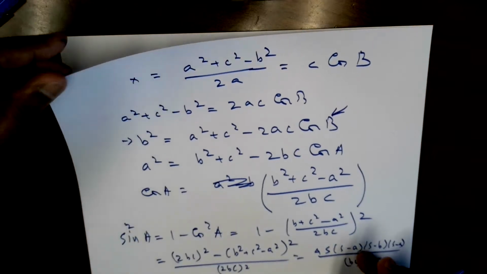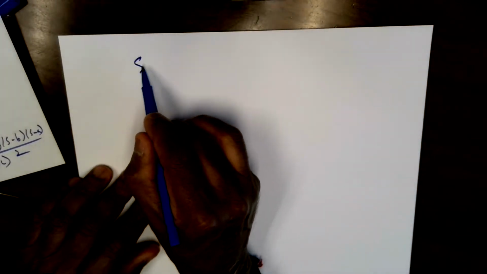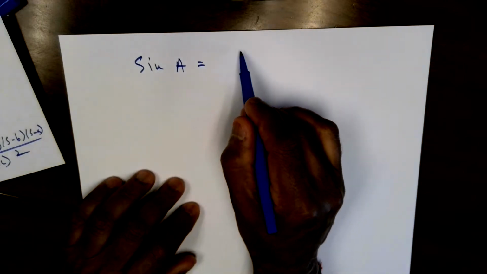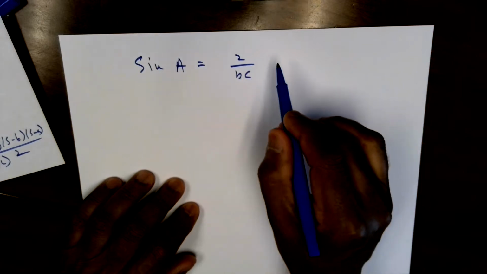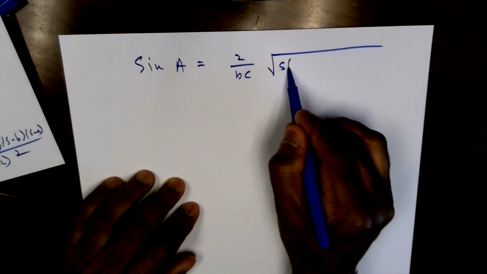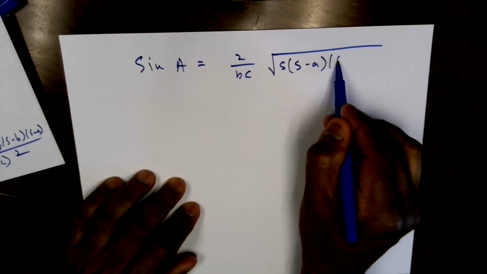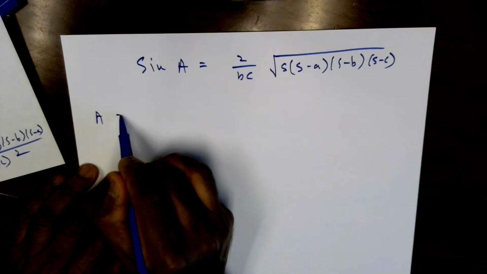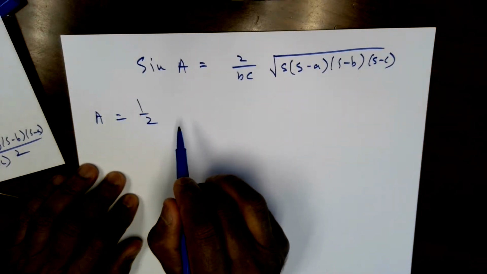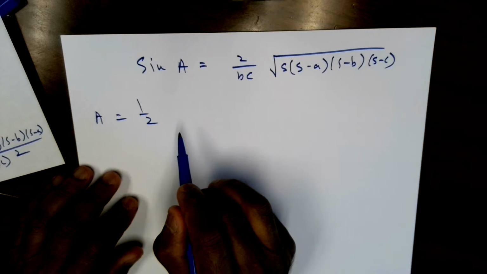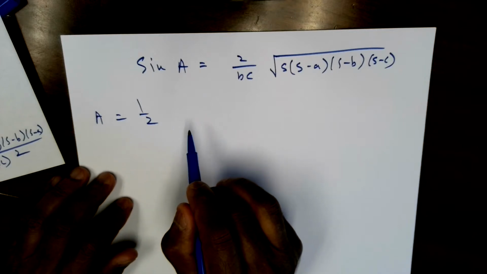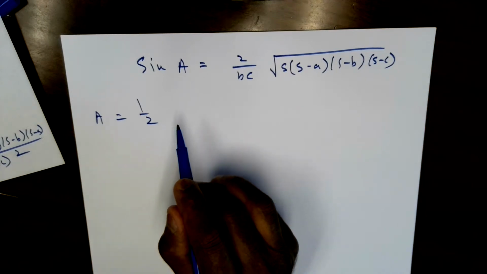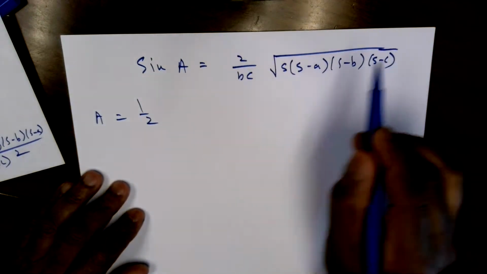So we get the relation for sin A as the square root of that. So 2 over bc multiplied by s multiplied by s minus a. All right, so area, which is half bc sin A, also confirms that, of course.